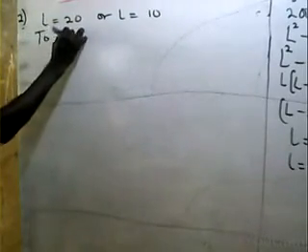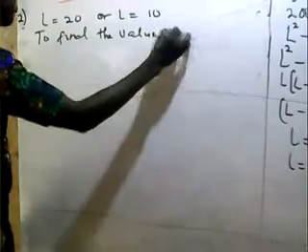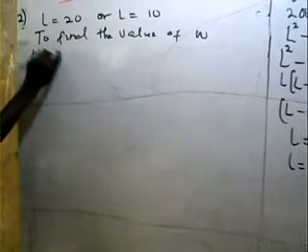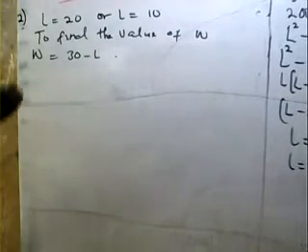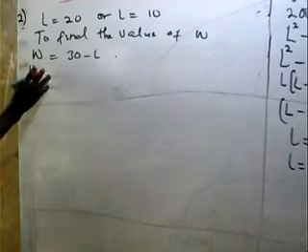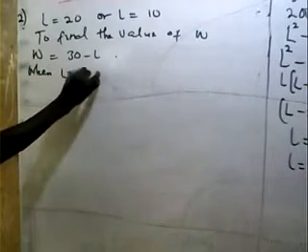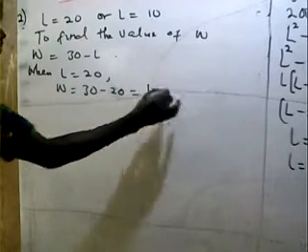So to find the value of W, you recall that our W is equal to 30 minus L, right? Our W is 30 minus L, which means that when L equals 20, then W will be 30 minus 20, which is 10.